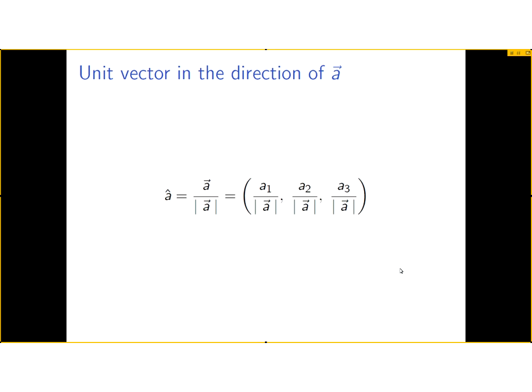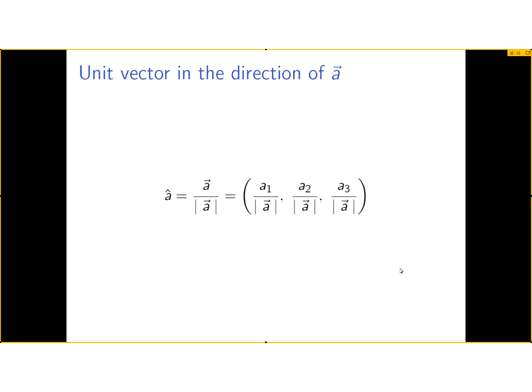So unit vectors in the direction of A. This is called the unit vector. As I taught you in the class, a unit vector is defined by a cap. A cap is equal to vector A upon modulus of A. So if I split this vector into the components, the ith component is a1 upon a, then the jth component and the kth component.